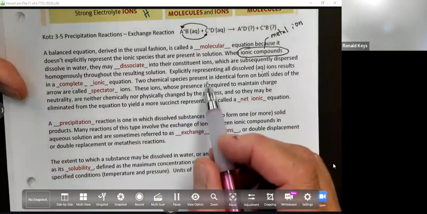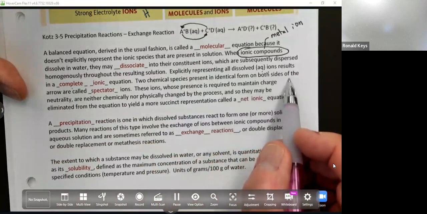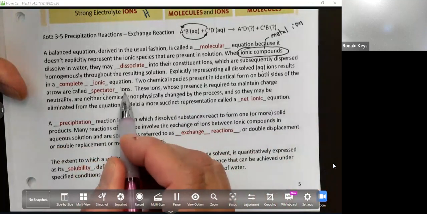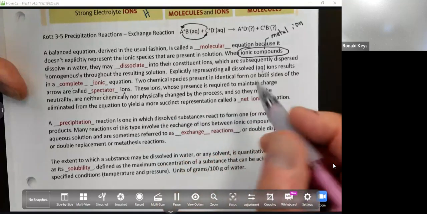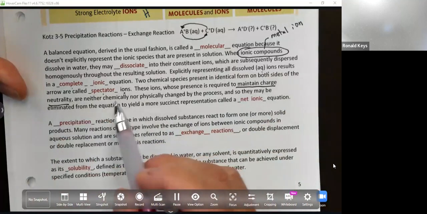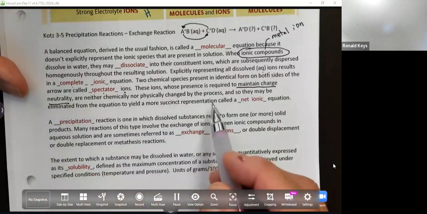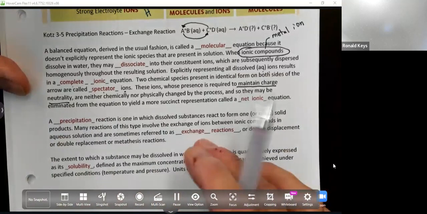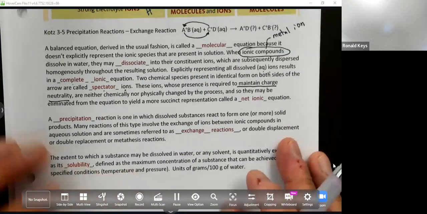The two chemical species present in identical form on both sides of the arrow are called spectator ions. Ions whose presence is required to maintain charge neutrality are neither chemically nor physically changed by the process, and so they may be eliminated from the equation to yield a more succinct representation called a net ionic equation.